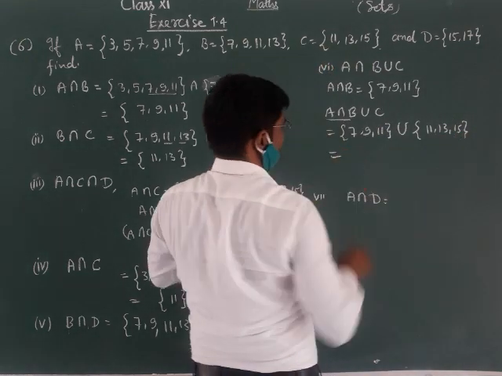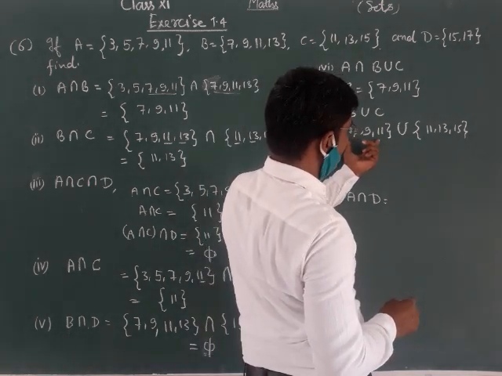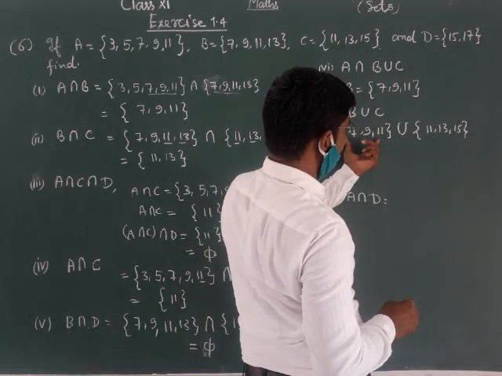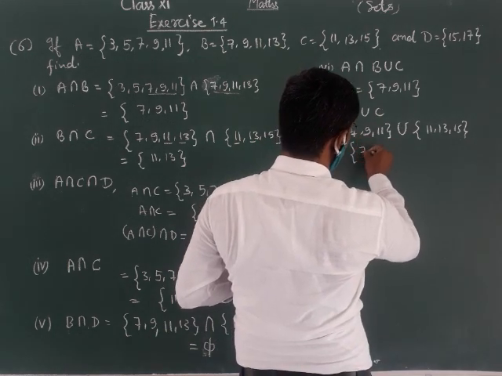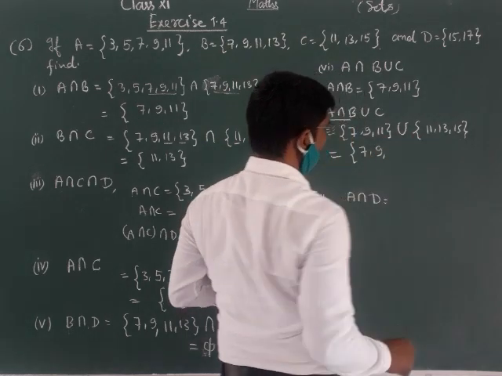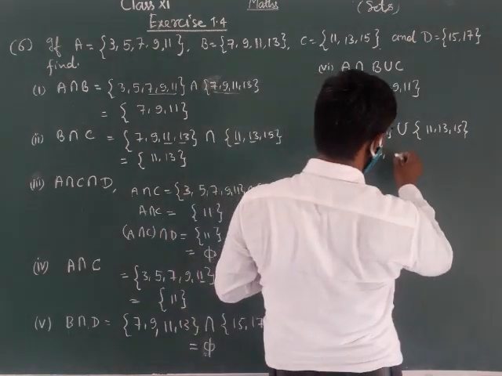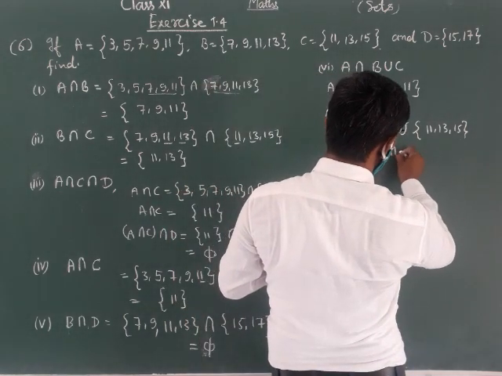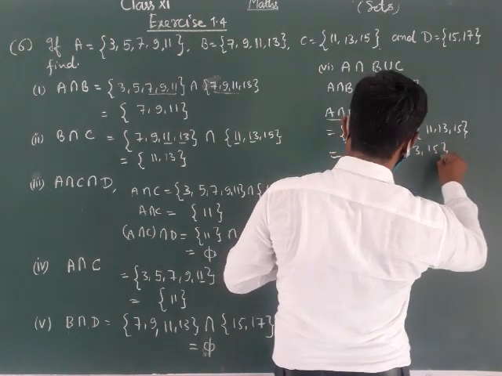All elements in both sets are taken, and the common element is written only once: 7, 9, 11, 13 and 15.